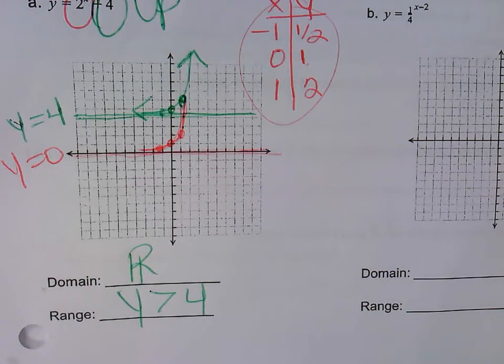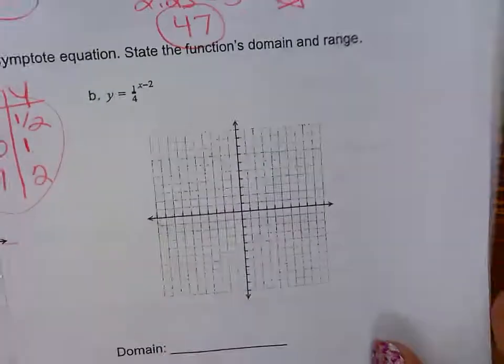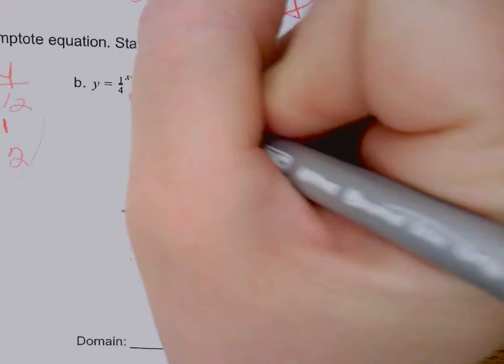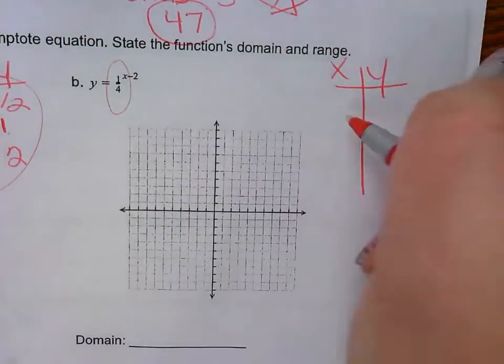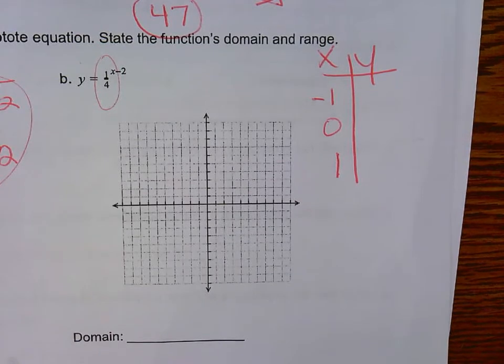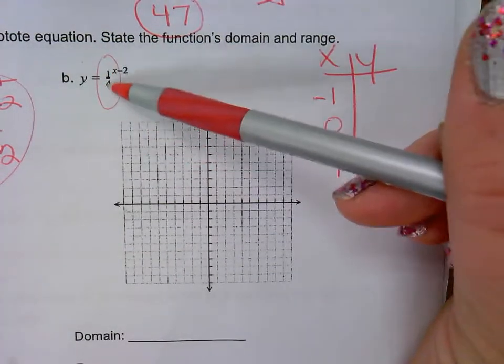So let's do the same thing on example 4B. Let's make a table of values first. Plug in just for the 1/4 part, negative 1, 0, and 1, and graph the parent function and then do the transformation. This time it's a fraction, so it's decreasing.